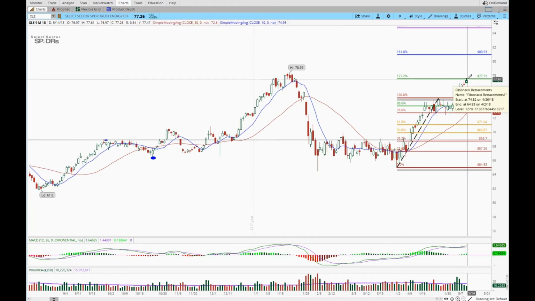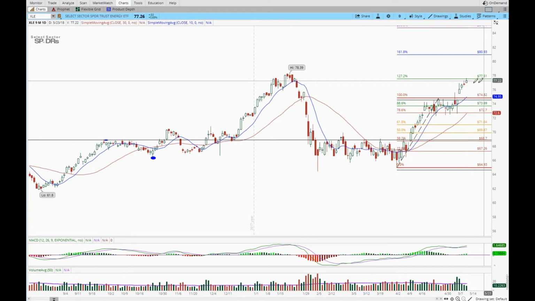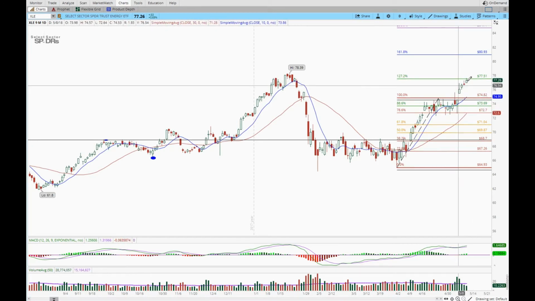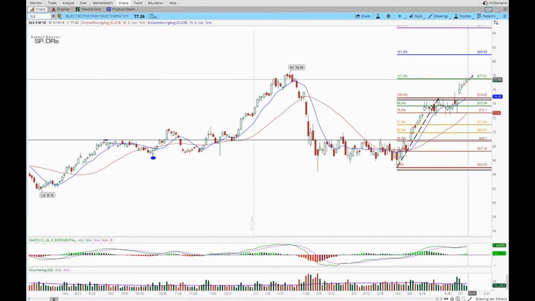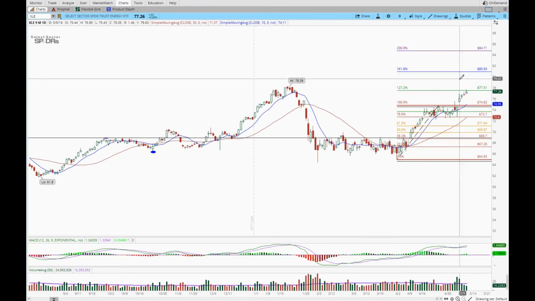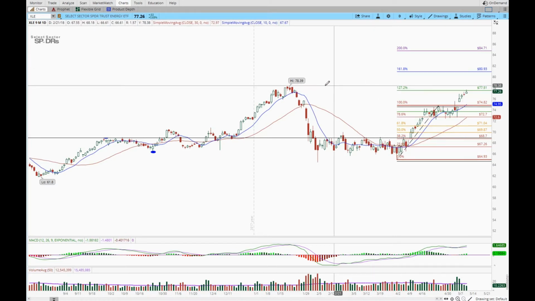I'd like to think that 60-70% of the time, when it touches 127 it's going to go back and test this area here. We'll see, but it's also possible that it goes up and moves to the 161 if it breaks this 78.39 level. So we'll see what's going on tomorrow.